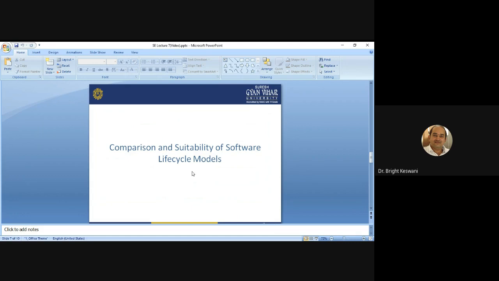Industry people like the basic model, and secondly, all models we have studied have been developed from the basic model. Which basic model? The waterfall life cycle model.